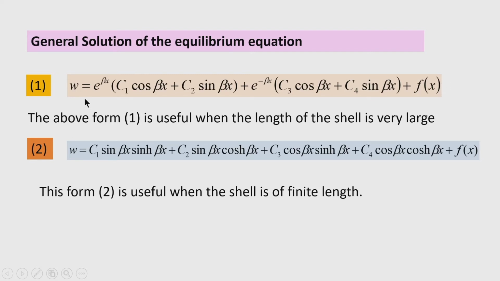Now, one interesting thing you can note is that the term e to the power beta x can amplify the deflection, or can decrease the deflection if it is associated with a minus sign, because beta is always positive, as it contains the material properties and the shell dimensions, which are positive quantities. So the first expression increases the deflection with the increase of x, but in e to the power minus beta x, beta acts as a damping factor.